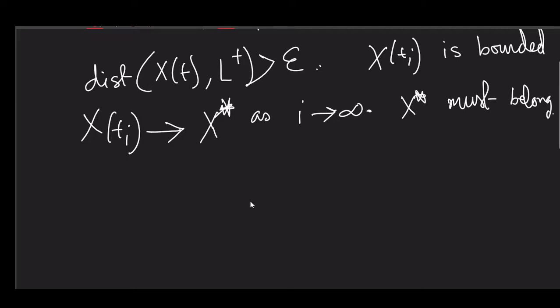However, we are claiming that this distance is greater than epsilon, so that is a contradiction. So in other words we can say that x(t) will always converge to L plus. So this is the basic lemma.